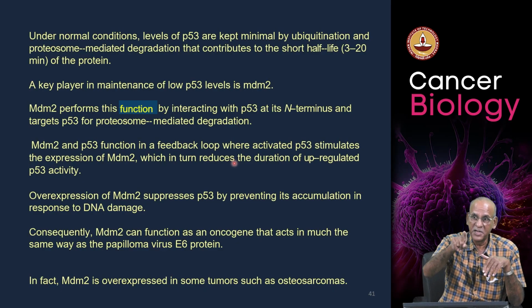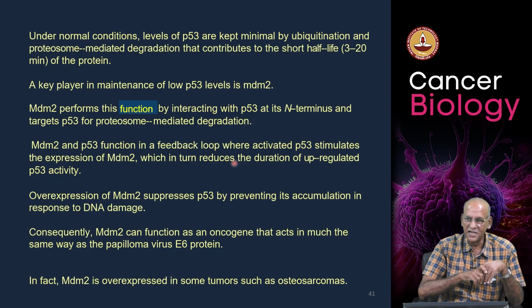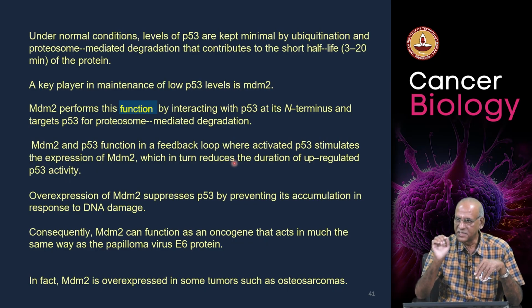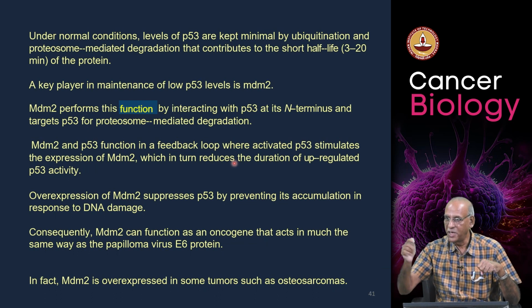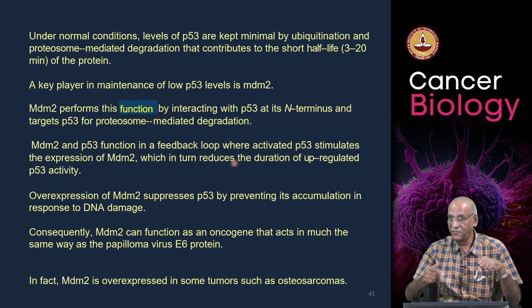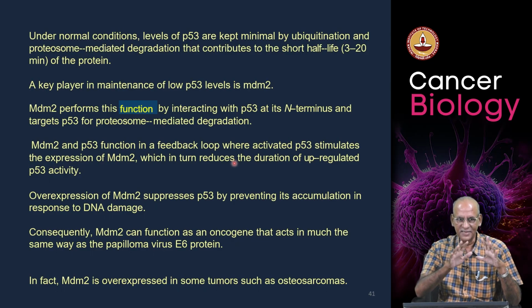This is another phenomenon that you must understand in biology. Certain transcription factors will transcribe their own inhibitor. Why? This is feedback inhibition. They do not want excess of their own production.